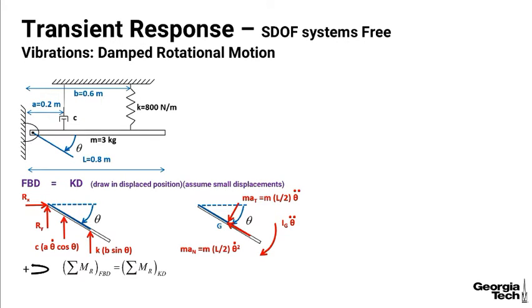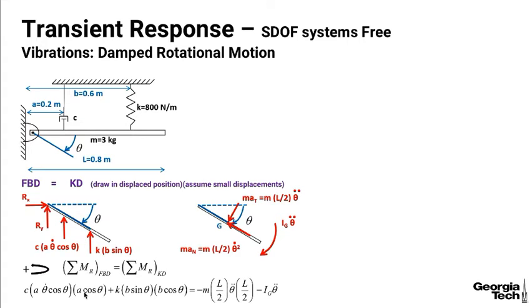Once I have that, I'm going to sum moments about R, because I'm really not interested in the force reactions at R, and come up with an equation of motion. And so I've got C times the term here for the velocity, and then I have to multiply that force times its moment arm, which ends up being A cosine of theta.